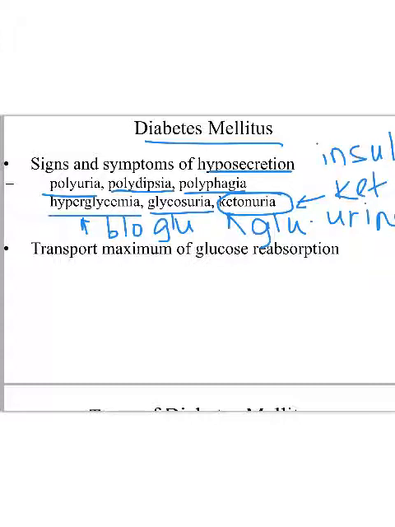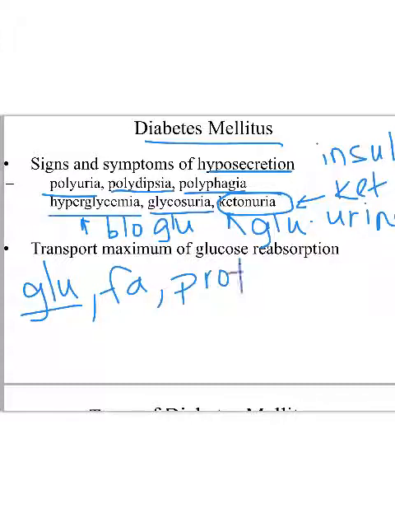Okay, so what can happen is you are not able to absorb glucose, fatty acid metabolism gets messed up, and protein metabolism gets messed up. All of those are disrupted if the insulin levels are too low.